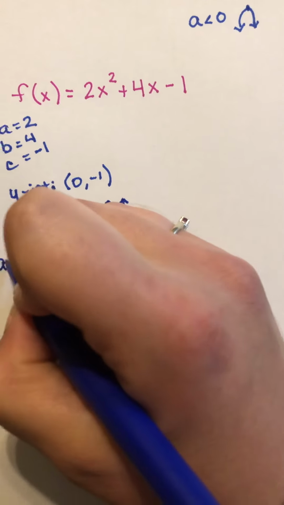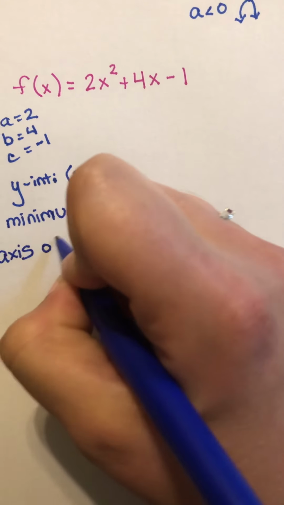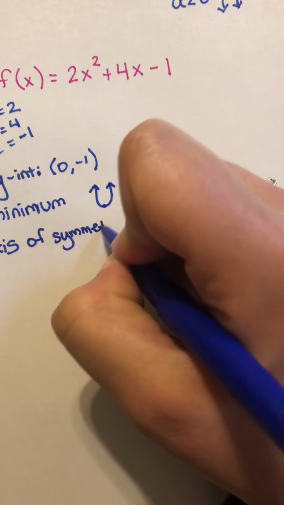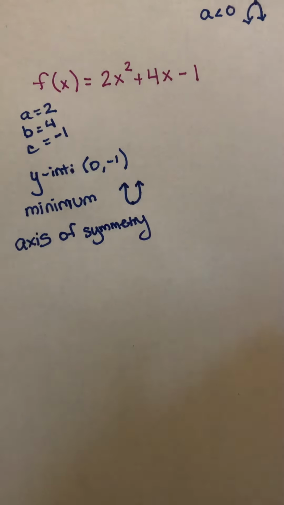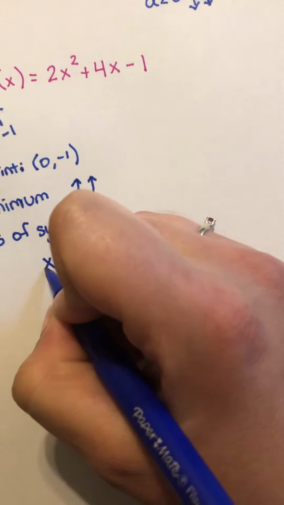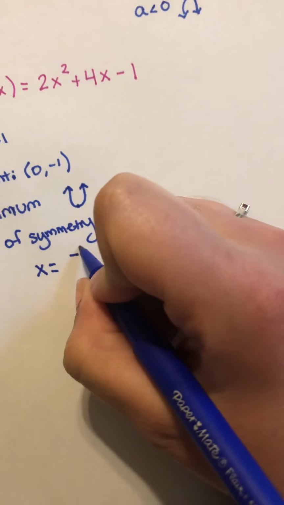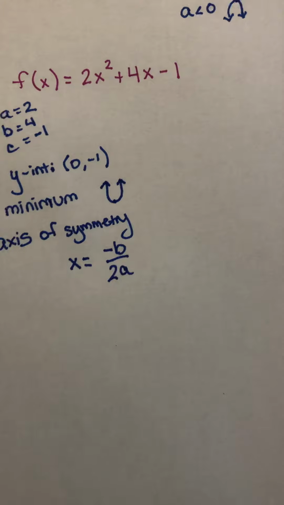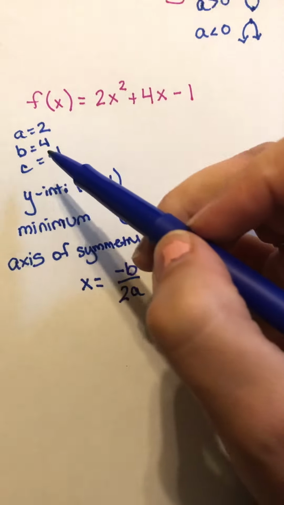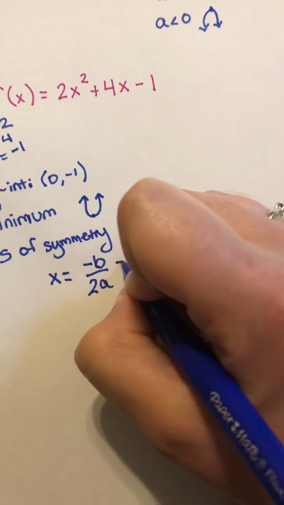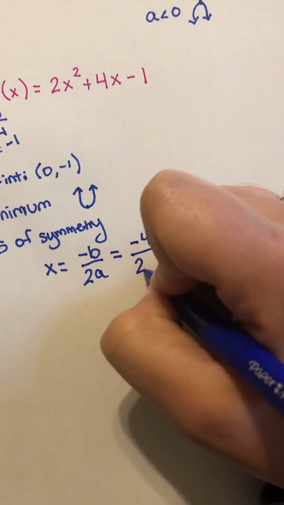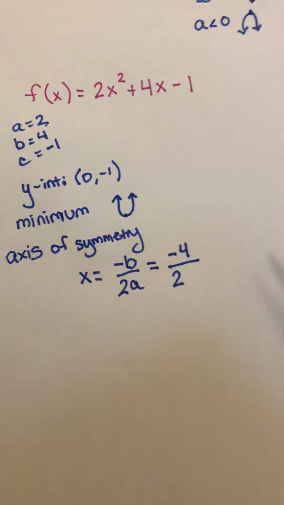If you remember, the axis of symmetry is the line that divides the graph in half, the vertical line that passes through the vertex. You can find the axis of symmetry by the equation x equals the opposite of b divided by 2a. Now we already know our b value is positive 4. So the opposite of positive 4 would be negative 4, divided by 2 times our a value, and our a value is 2.